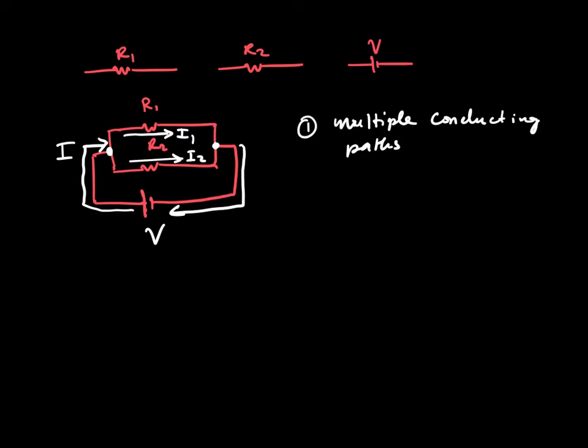So there are multiple ways to leave the voltage source through the circuit and back to the voltage source. An illustration here would be a road that has an exit.